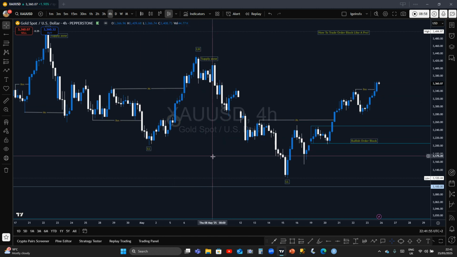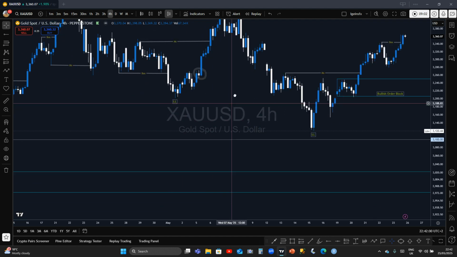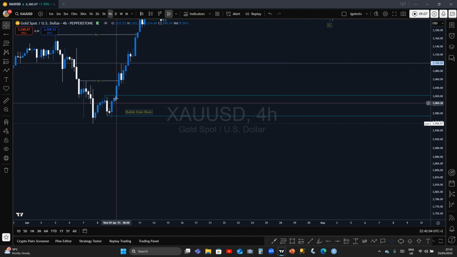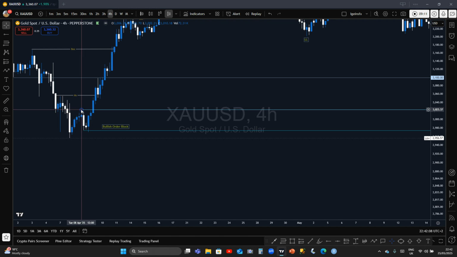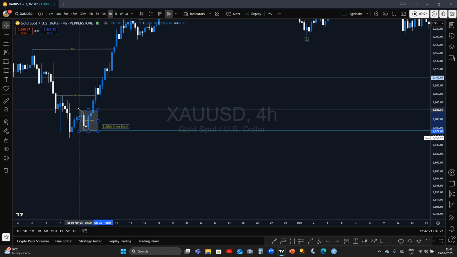Now, let me give you an example. This is 4 hour, all right? This is here 4H. Now, if you look at this point here, this is a bullish order block. This bullish order block on a daily time frame, the block is all this point. All right, you see, the block is all this point.